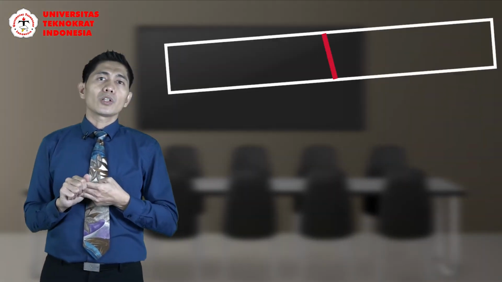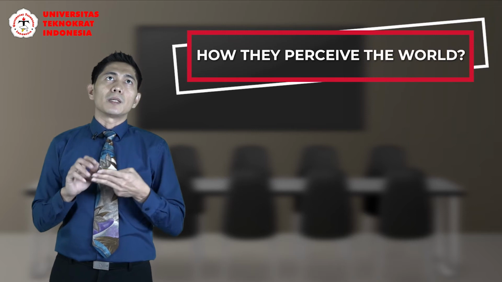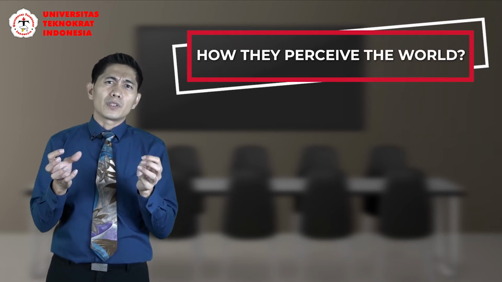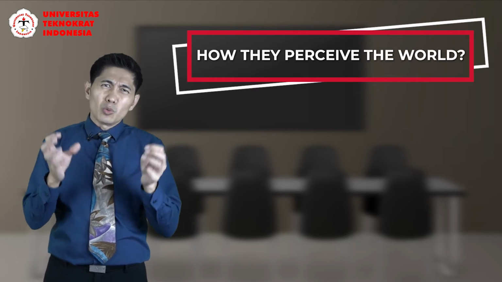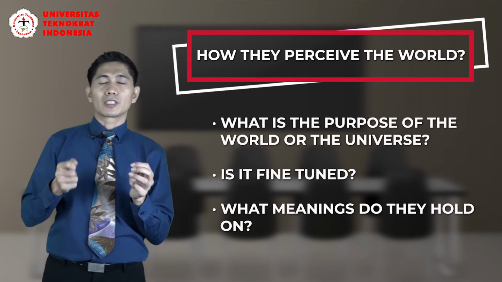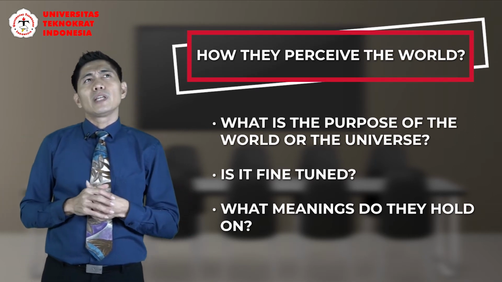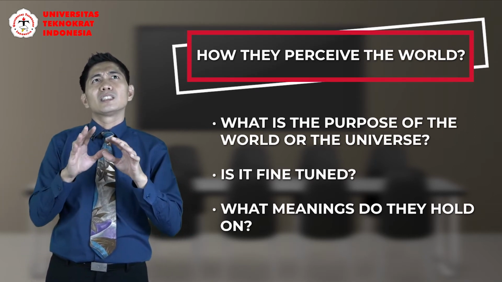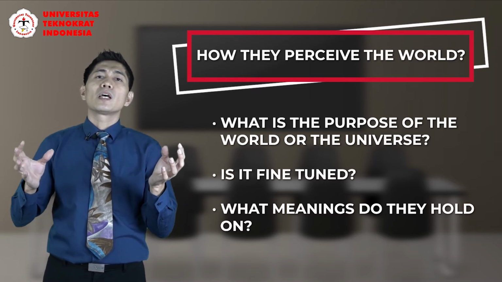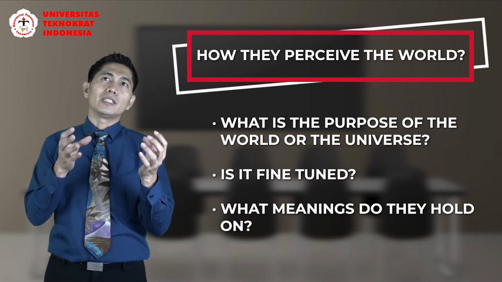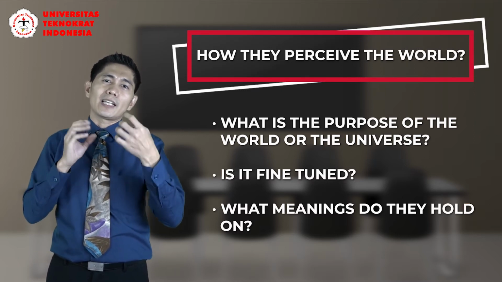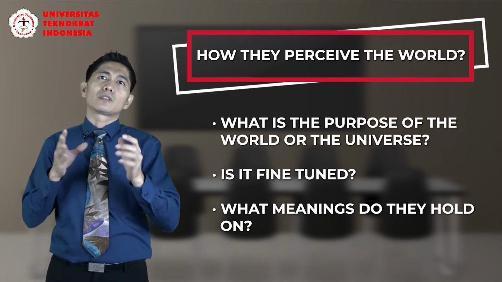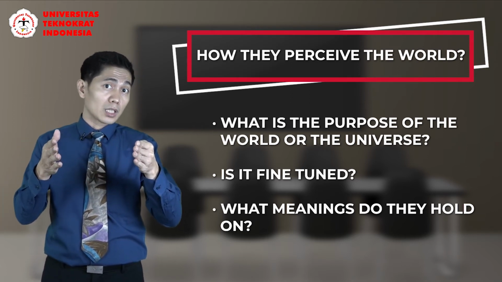And then number three, you can also look at the way these believers look at the world. How do they see the world? For example, do they see this universe as fine-tuned, designed, or settled as something fine-tuned to a particular purpose or not?